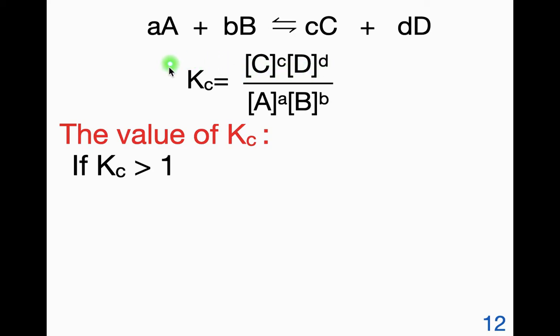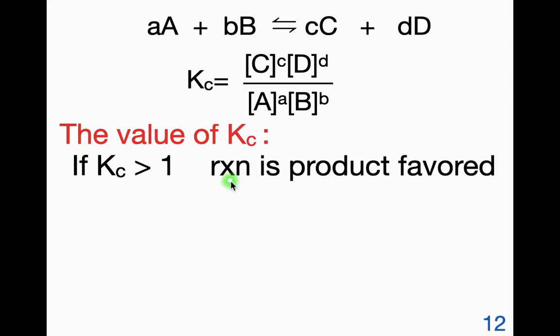So in order for K to be greater than 1, the numerator must be larger than the denominator. So it must mean that when it goes to equilibrium, we have more products than reactants, because the numerator is a larger number. So we say the reaction is product favored, meaning that after the reaction finally gets to equilibrium, we'll have more products than reactants.